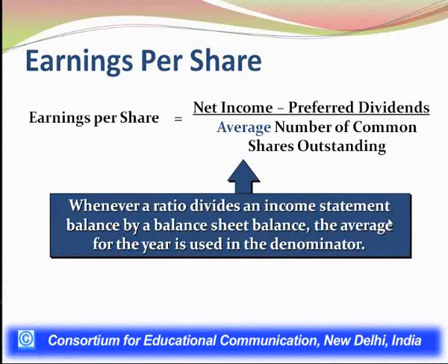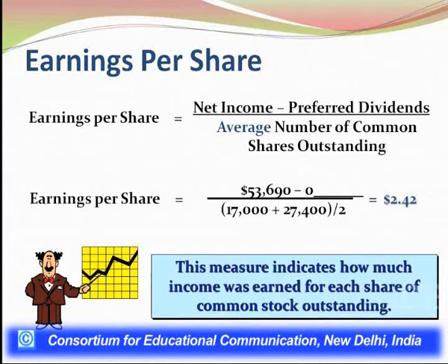So the net income available to these shareholders is 53,690, divided by the average equity shares. The average number of shares would be 17,000 plus 27,400 divided by 2. So that's how we calculate the average number of shares outstanding for the company. So earning per share comes out to be 2.42. So this is the value.